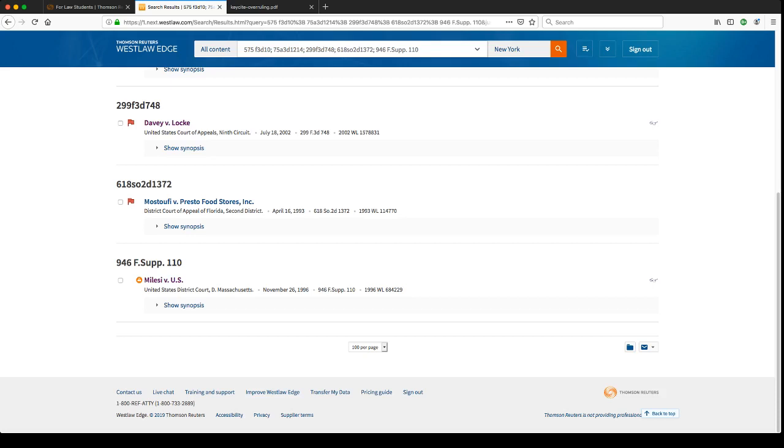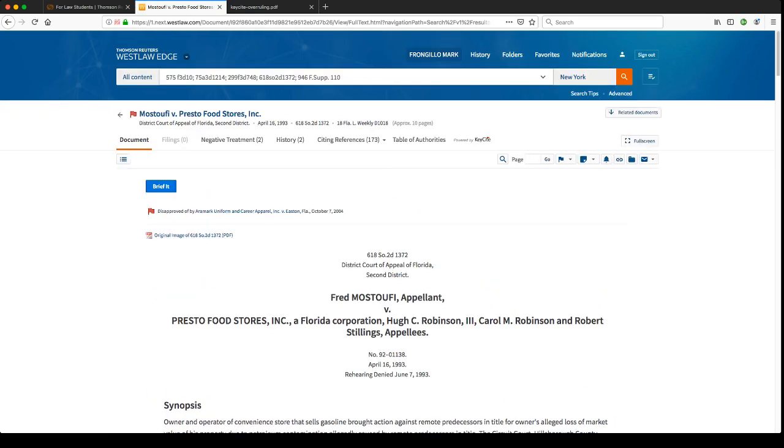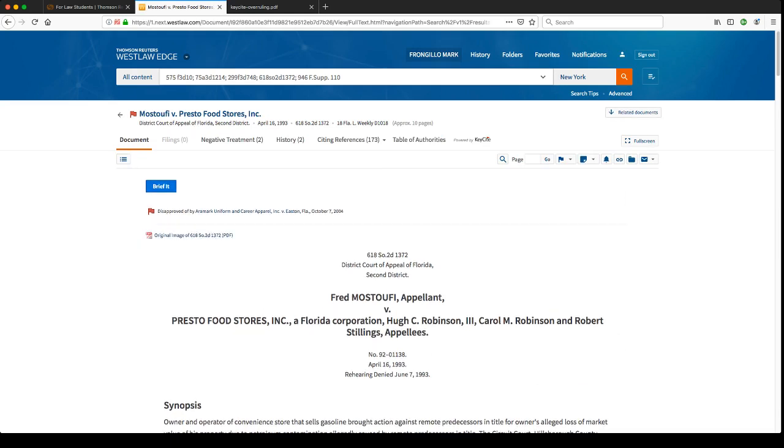On the other hand, you pull up a case, it has a red flag, and it doesn't say reversed by. I'm looking at Mustafi v. Presto Foods.